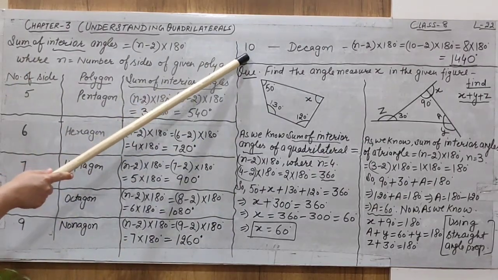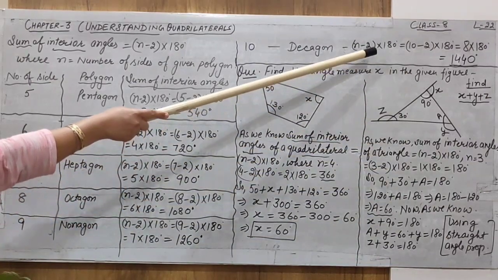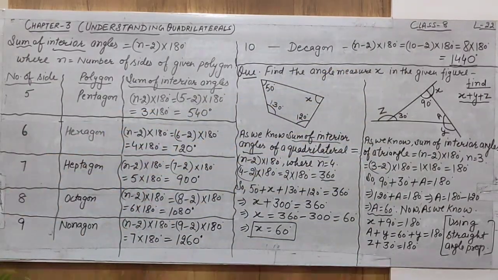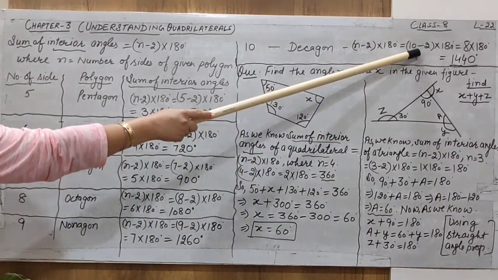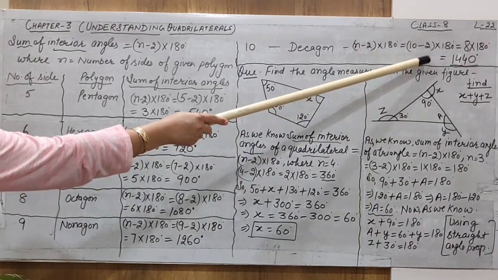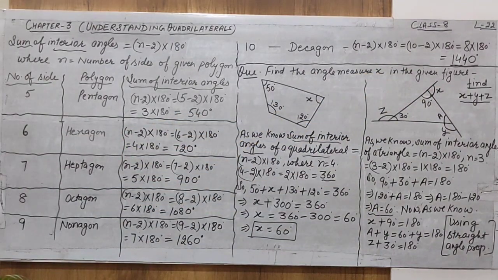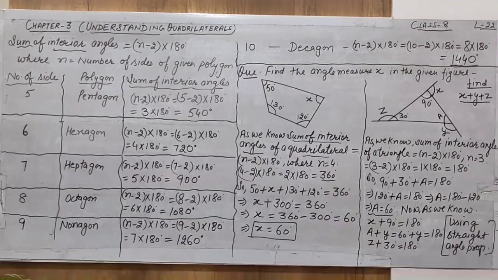Next is 10 sides, and the name of the polygon is decagon. For the decagon, the sum of interior angles is (n minus 2) into 180, and the value of n is 10. 10 minus 2 multiplied with 180, that is 8 multiplied with 180 degrees. When 8 is multiplied with 180 degrees, we get 1440, which is the sum of the 10 angles of a decagon.